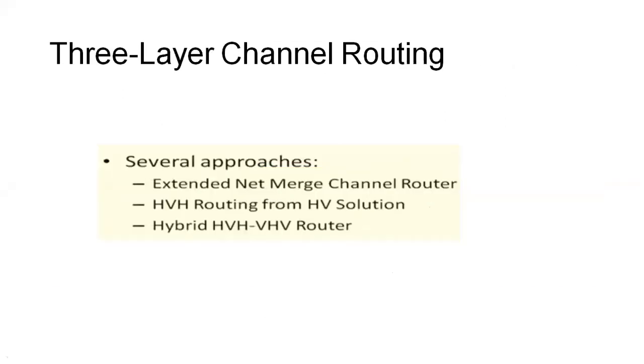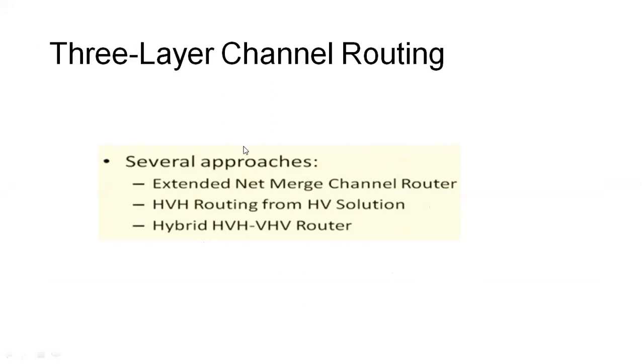So next, today we shall briefly talk about the 3-layer channel routing algorithm, without going into much detail. Of course there are several approaches, but we shall be looking at one possible approach. Let me talk about the approaches first. There is an extension to the net merge Yoshimura-Kuh router; we talked about that Yoshimura-Kuh routing algorithm, or net merge routing algorithm.